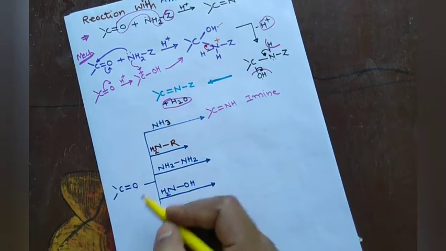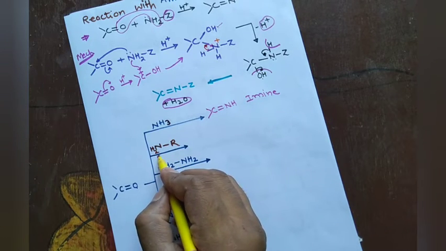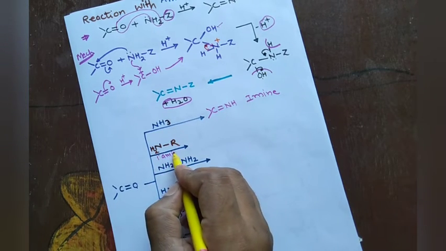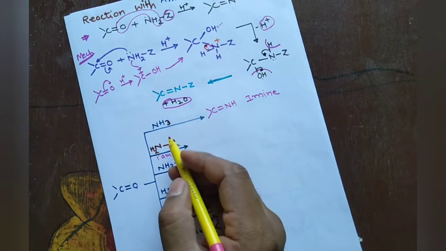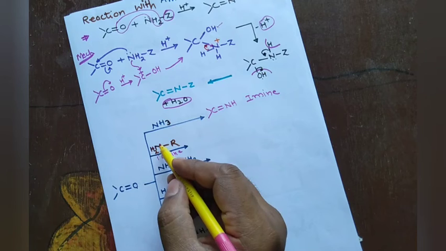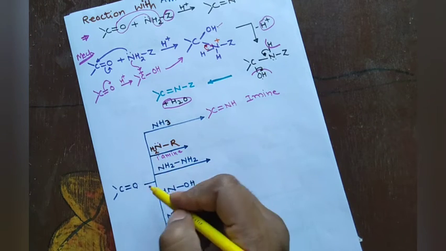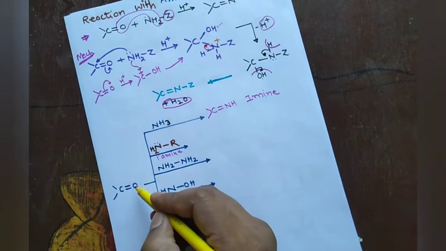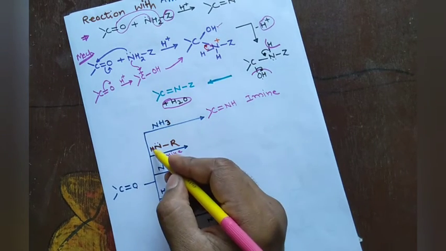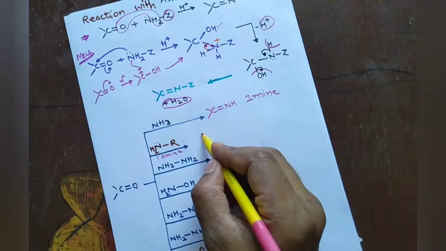Suppose you have primary amine. What do you mean by primary amine? NH2 group bonded to one alkyl group, or the nitrogen has 2 hydrogen associated with it. Now the reaction will be as simple as that: the removal of oxygen and 2 hydrogens from nitrogen. What is formed?